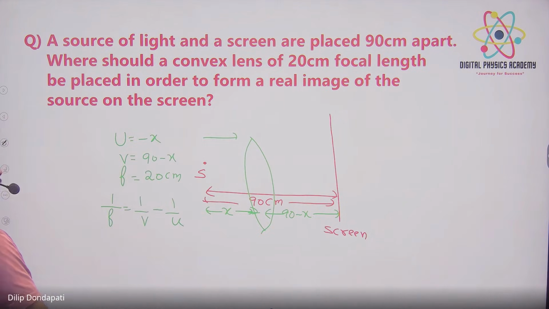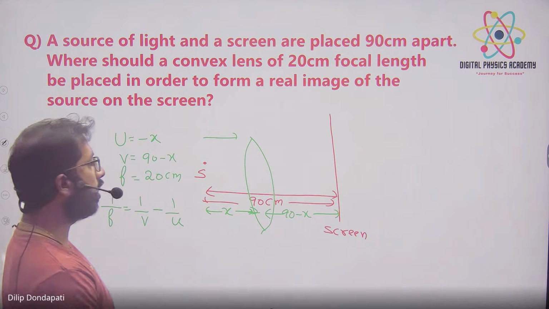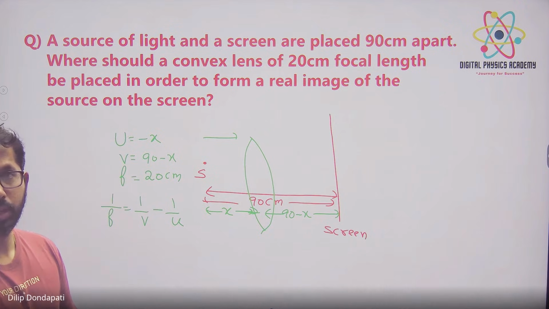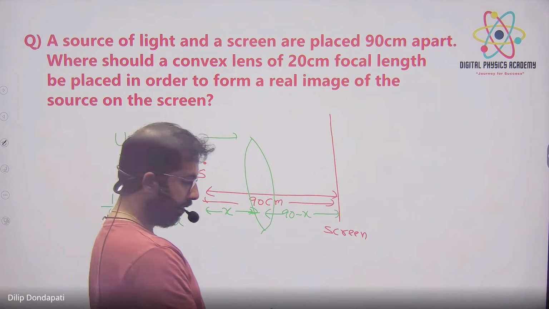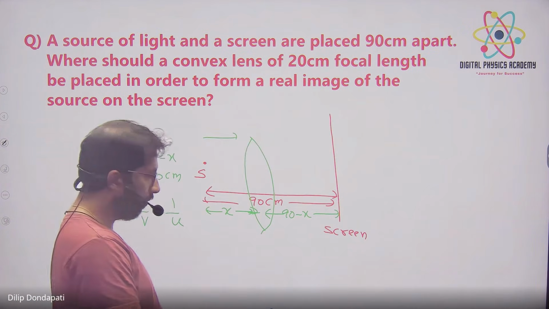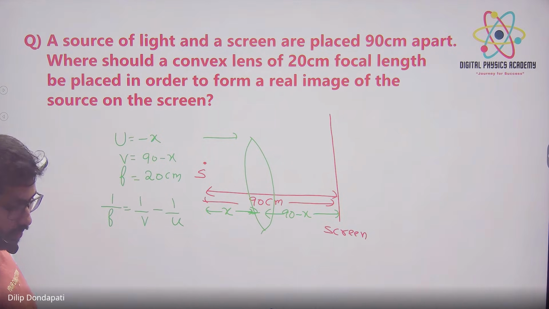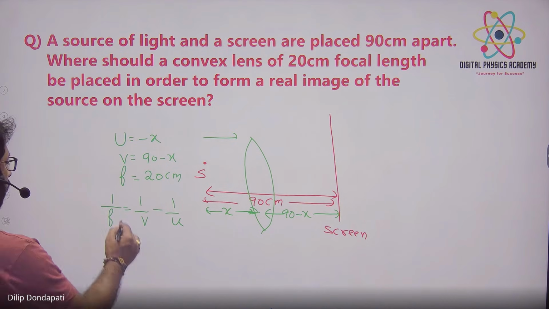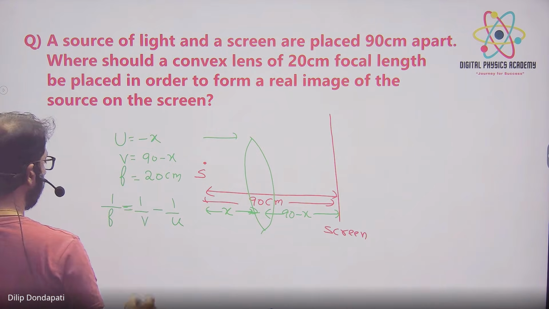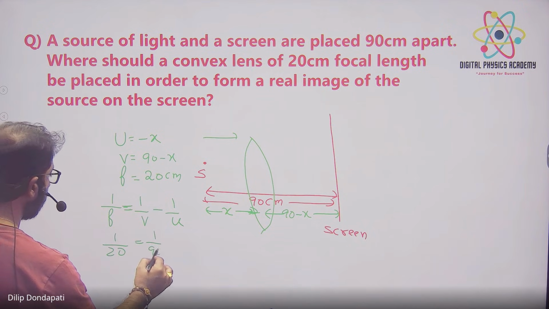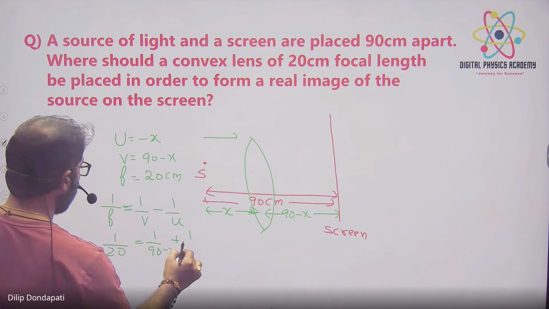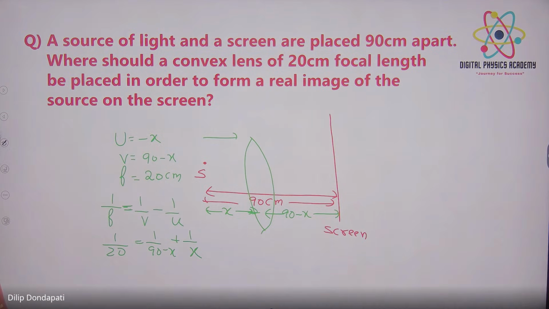So we have to find the value of x where exactly, if I put the lens, we'll get a real image on the screen. So 1 by 20 is equal to 1 by (90 minus x) minus of minus, plus 1 by x. Friend, take the LCM and solve for the value of x.